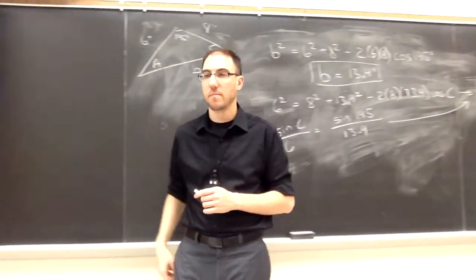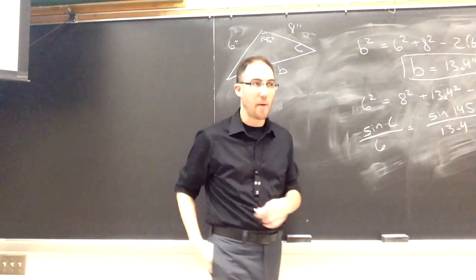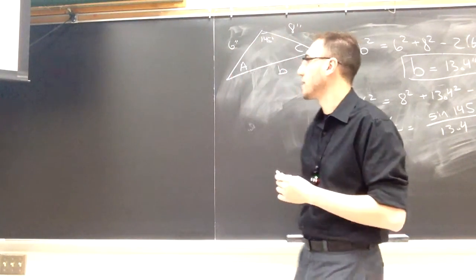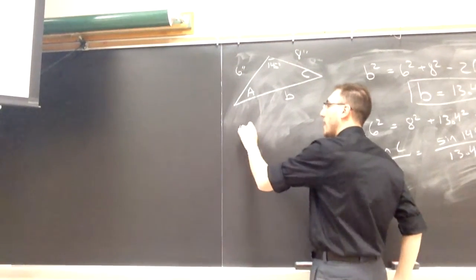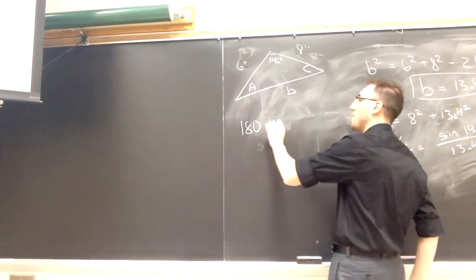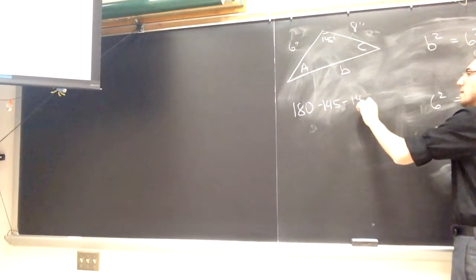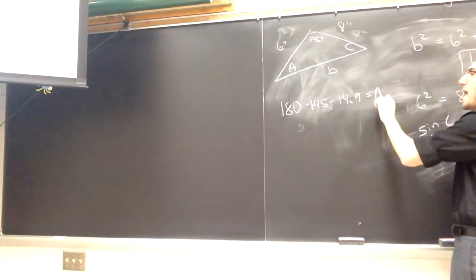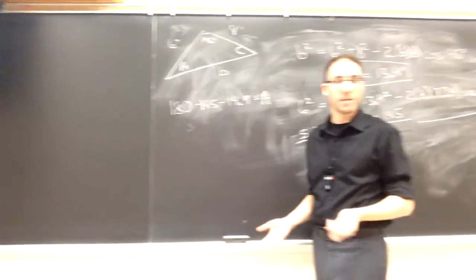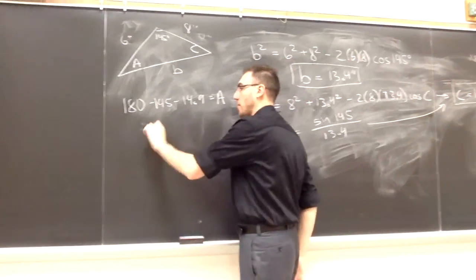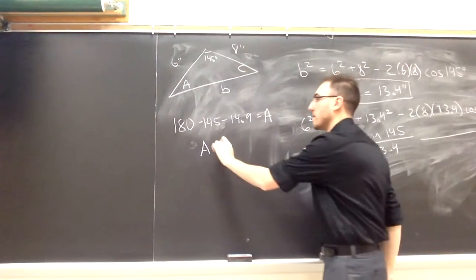Well, we can just subtract from 180. Right, we know that any triangle's internal angles equal 180. So 180 minus 145 that we're given, minus C that we just found, 14.9, is going to be the value of A. Or we could use law of sines, law of cosines. This is much quicker though, assuming we did these steps right.